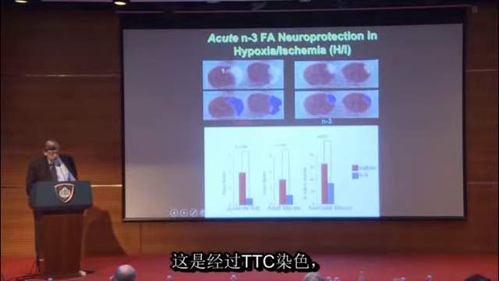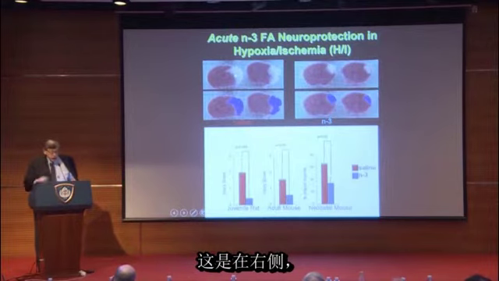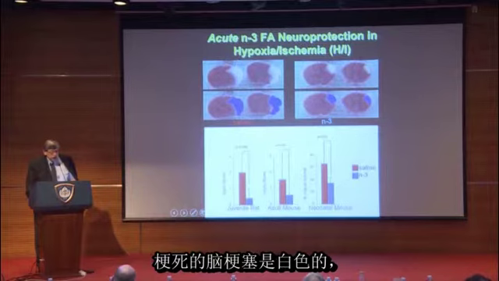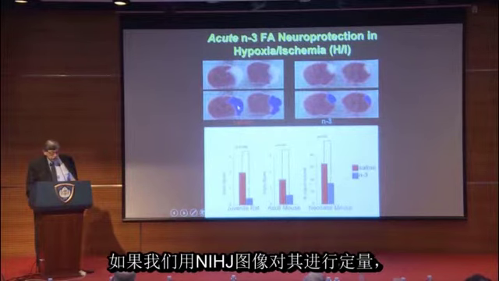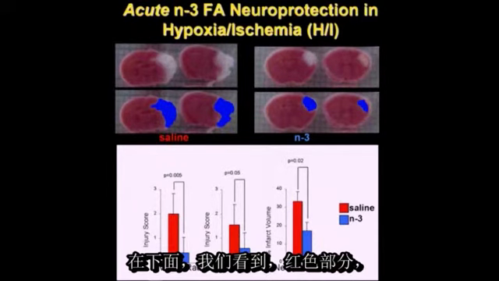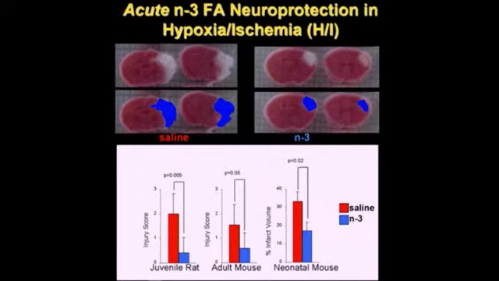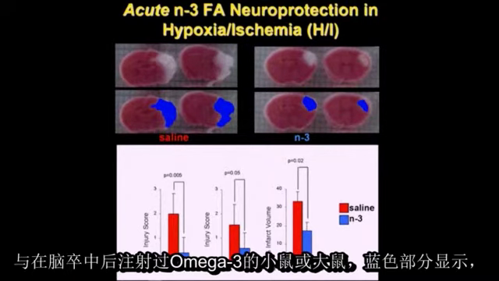This is TTC staining. The live brain is red, the dead brain infarct is white. We can quantitate it with NIH ImageJ, and below we show in red the injury scores or infarct size of mice that have been injected with saline after the injury, or mice, or rats, injected with omega-3 in blue after the stroke injury.